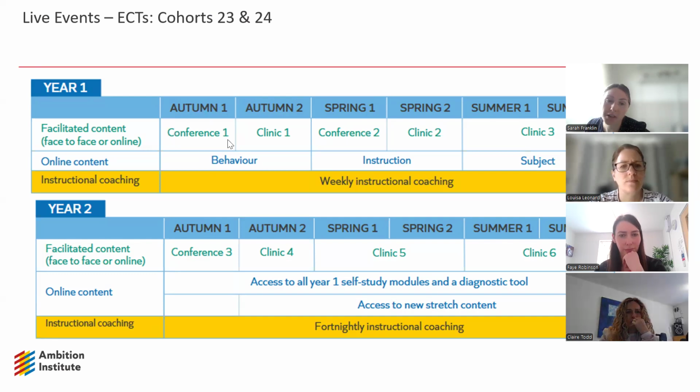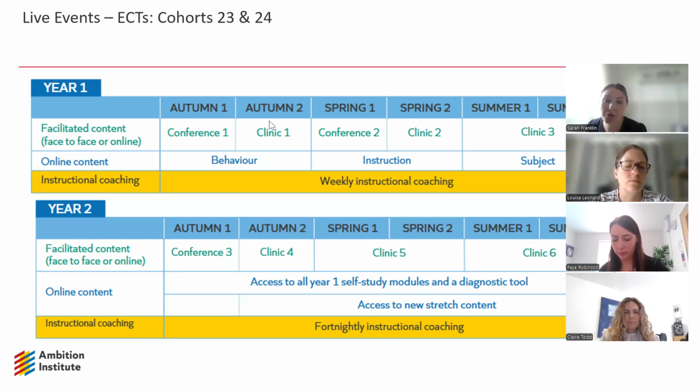The conferences are face-to-face and they are all-day events generally, 6 hours I think they are. And then the clinics are generally online, 90 minutes. So you've got those 2 different types.